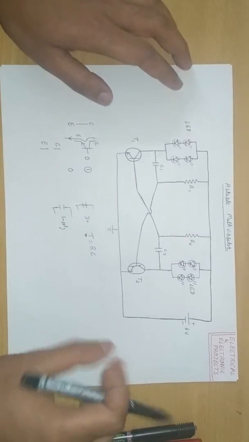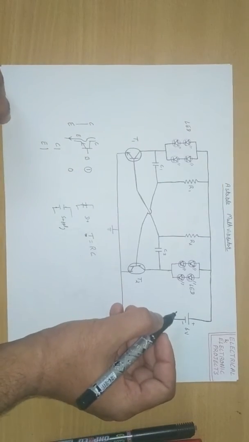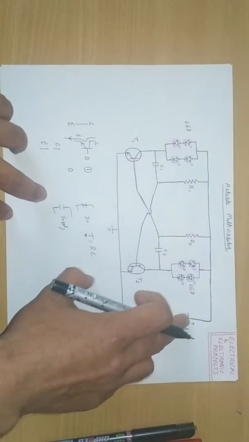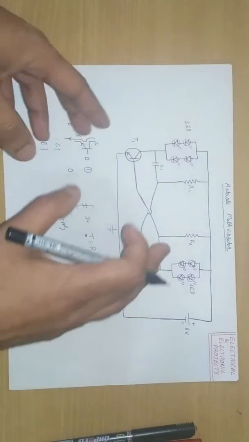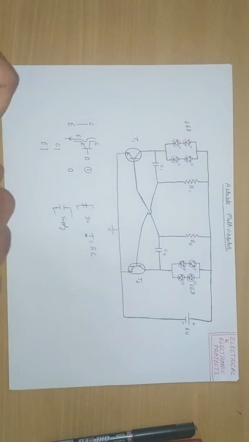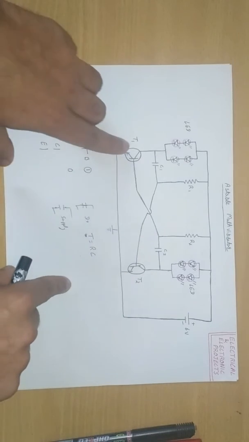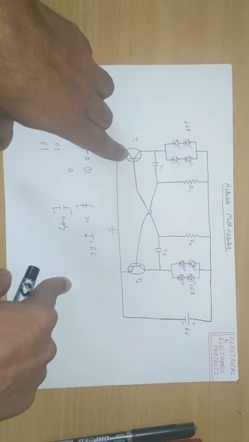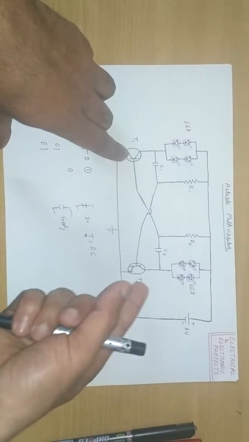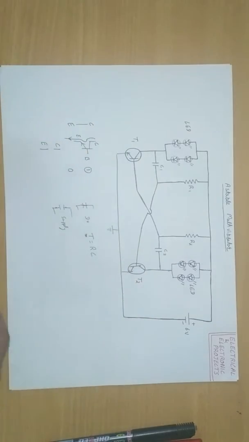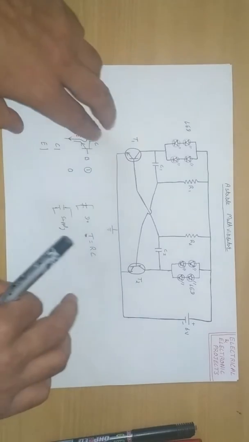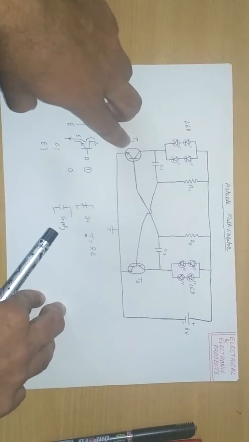So take a look at the astable multivibrator circuit when 6 volt is supplied to it. In an astable multivibrator circuit, at one time only one transistor is on, and at the same time the other transistor is off. We make an assumption that initially T1 is on.